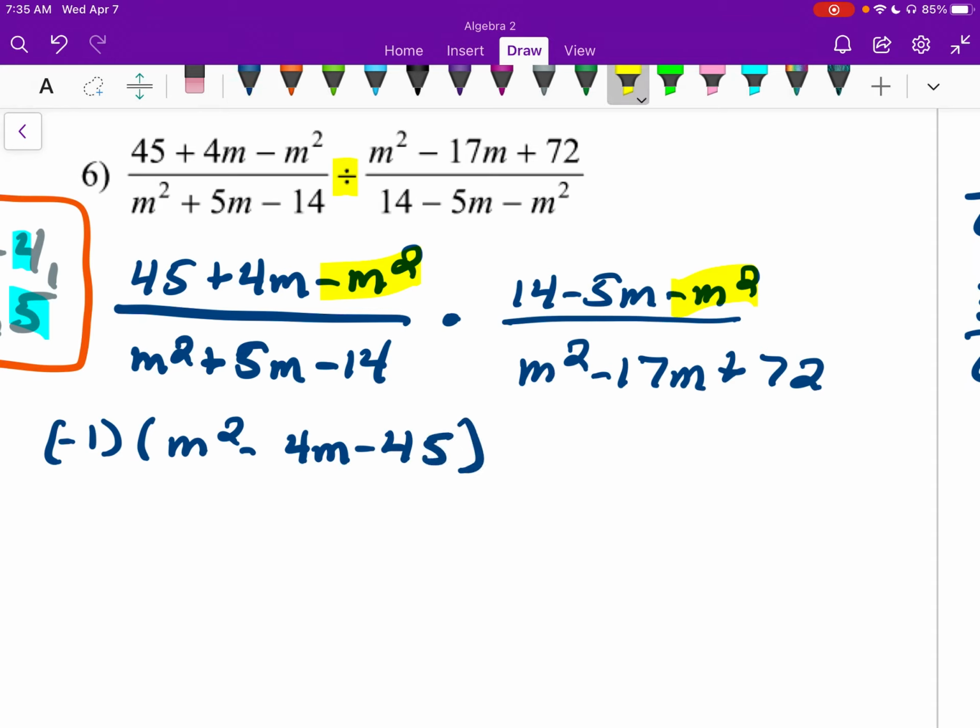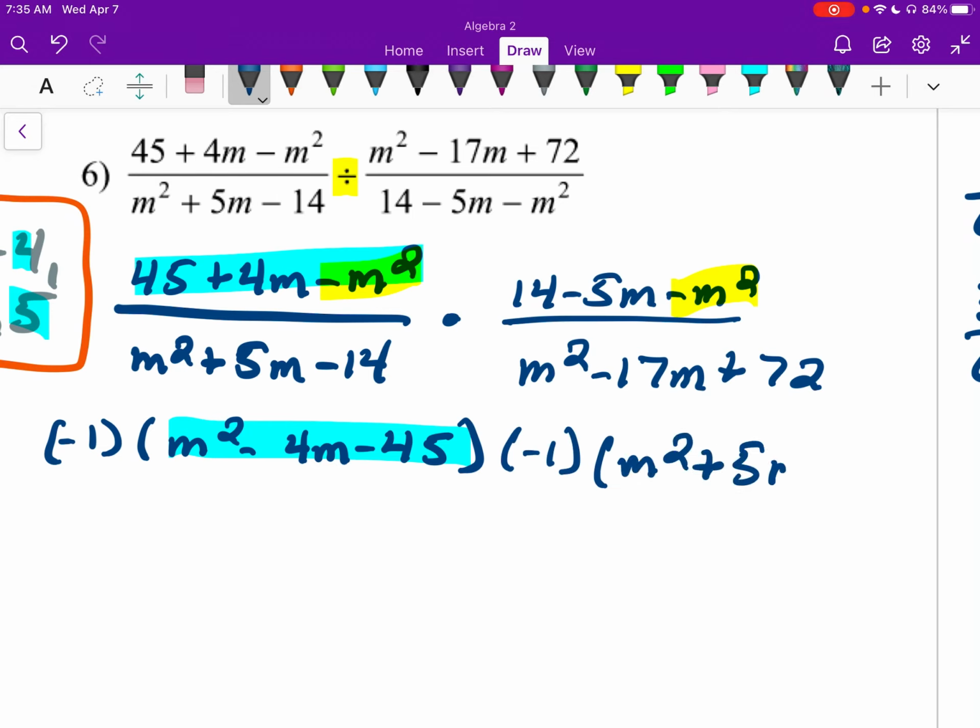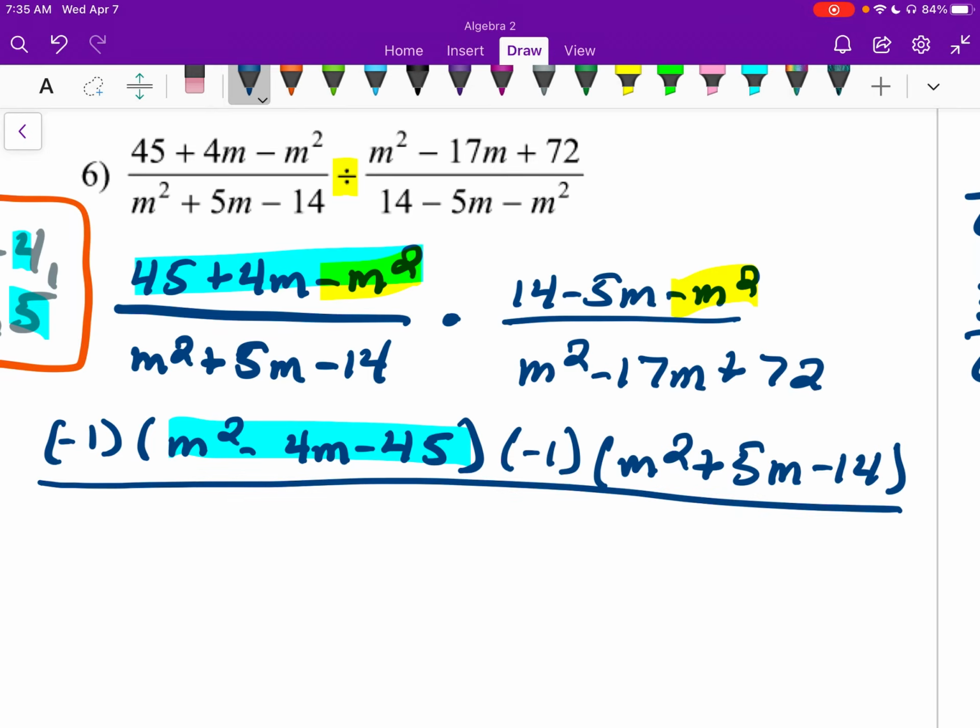I kind of rewrote that a little bit so that it would be easier to factor. And then same thing here, I'm going to take out another negative 1, and then I'll have m squared plus 5m minus 14. All right, now for our denominator, I'll have m squared plus 5m minus 14.